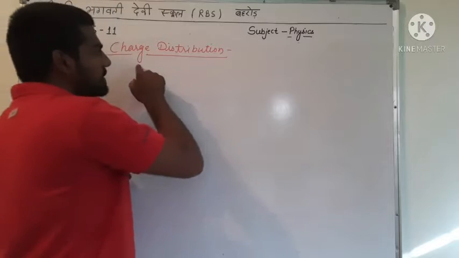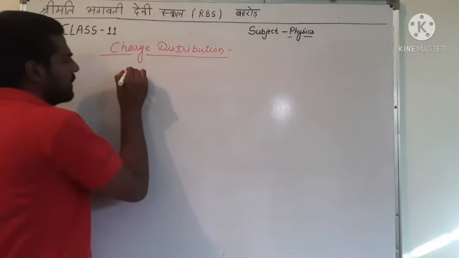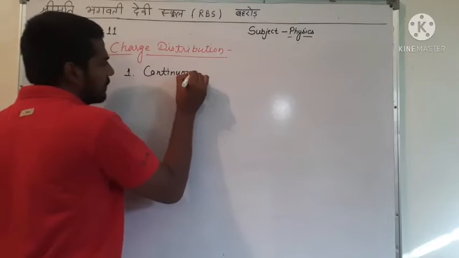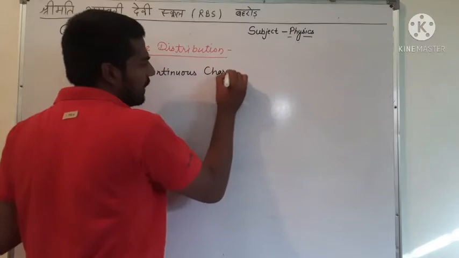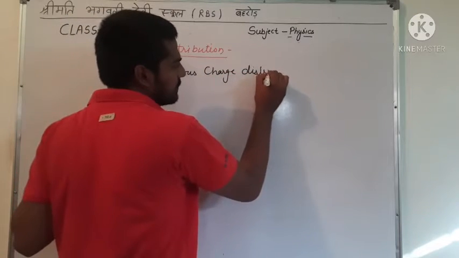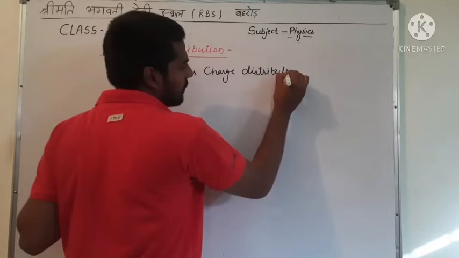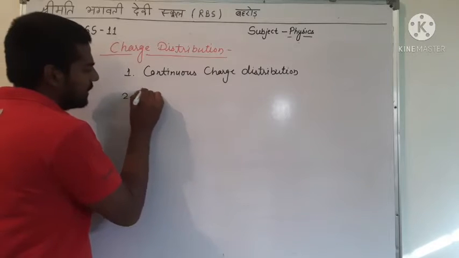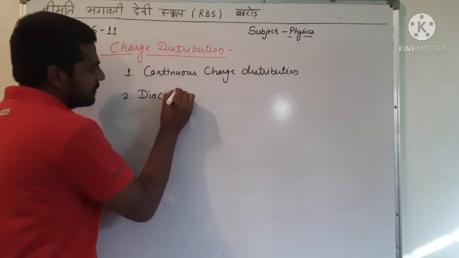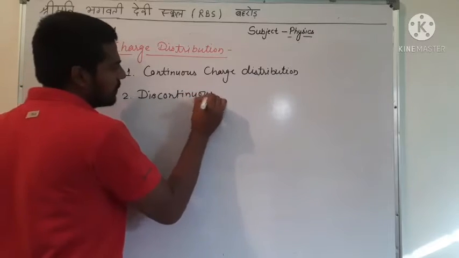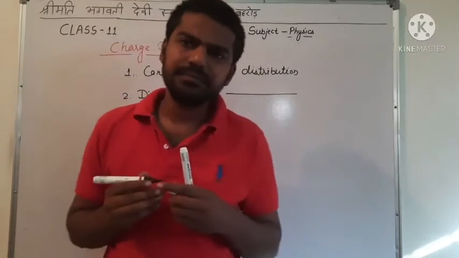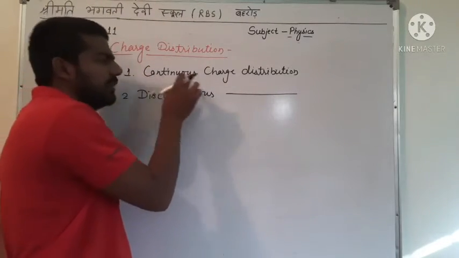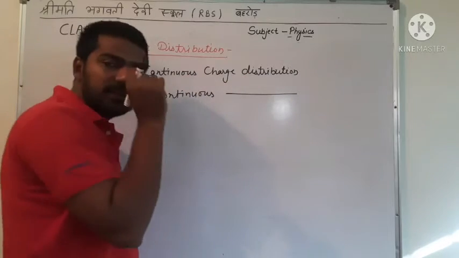There are two types of charge distribution: first, continuous charge distribution, and the second is discontinuous charge distribution. There are two types of charge distribution, continuous charge distribution and discontinuous charge distribution.